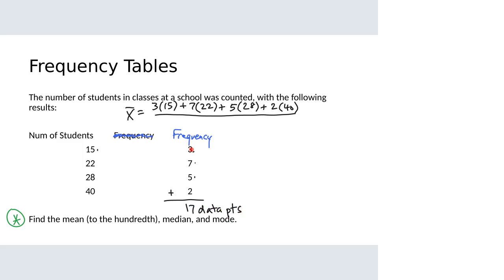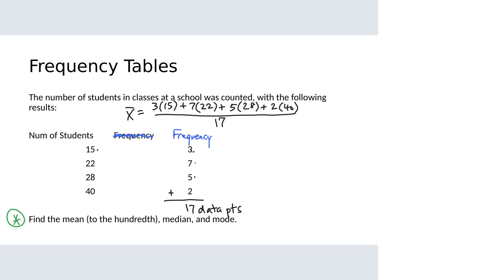Because I have 3 of these, 7 of these, 5 of these, and 2 of these. And so because of that, I have a total of 17 data points. So when I go find the mean, I need to divide by 17. Please let me know if you have any questions about that.